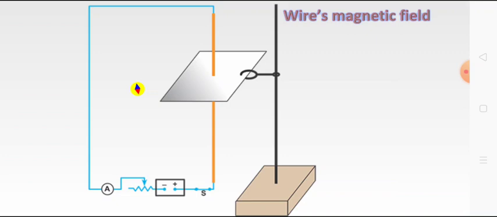Now, the magnetic field that is set up around a current carrying conductor can be very easily seen with the help of a magnetic compass. So, by moving this compass close to the wire, you can see how the deflection is seen. Just notice the manner in which the compass needle is deflecting.